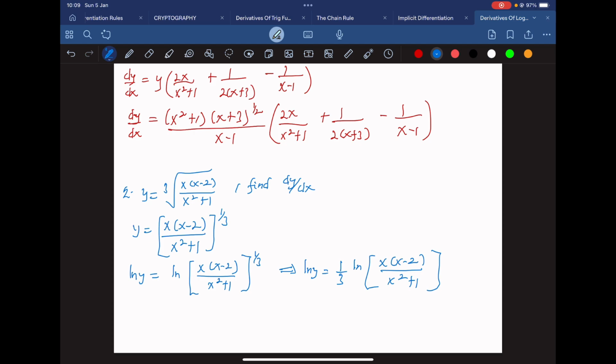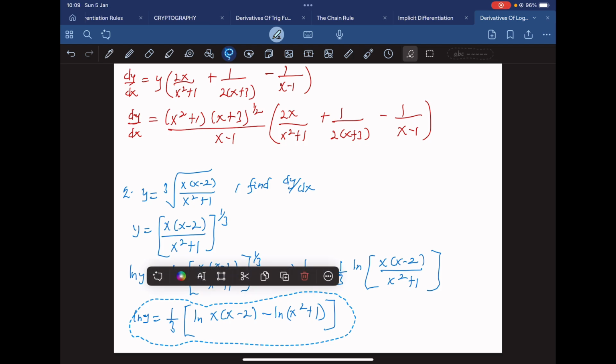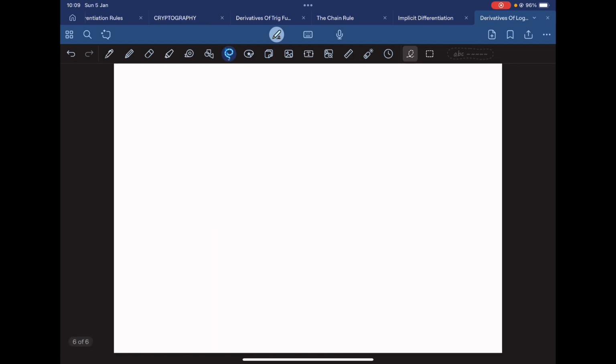Now, when you get to this point, we have a fraction, so the next thing to do is to subtract. So we have 1 out of 3, ln of the numerator minus ln of the denominator. So let me copy this right here. Okay, so this is what we have.